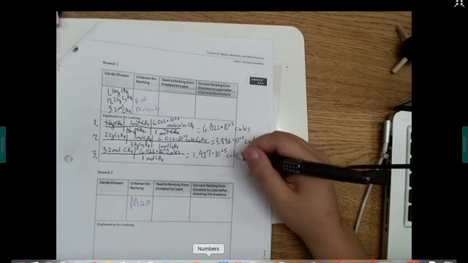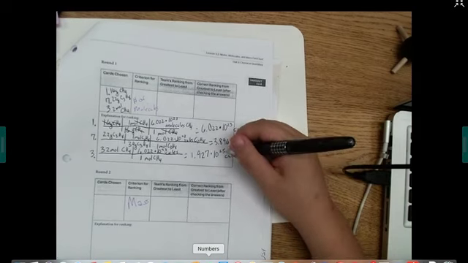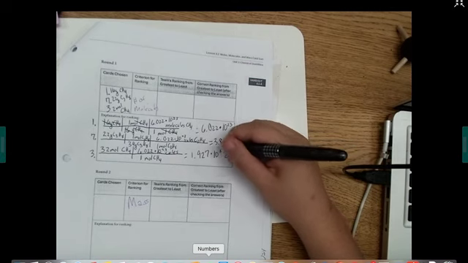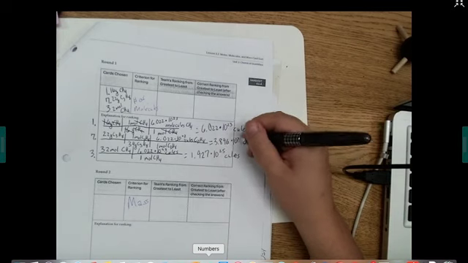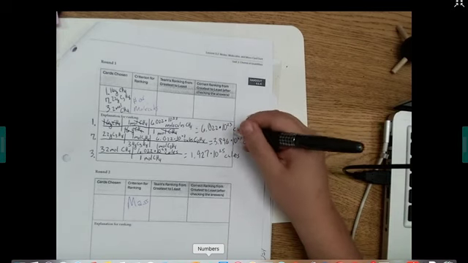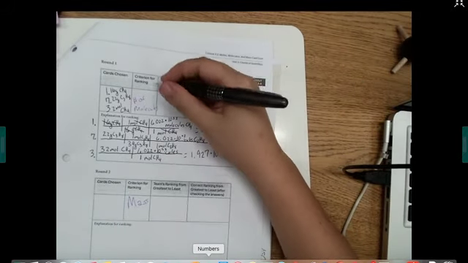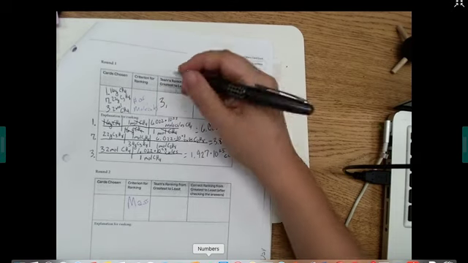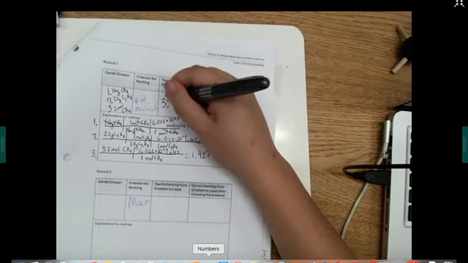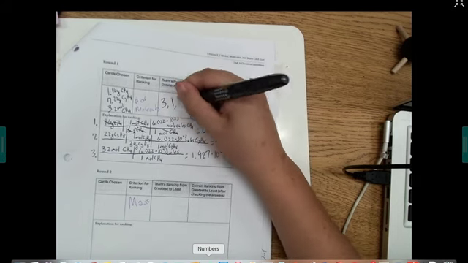Okay, if I were looking superficially, I would say that this is the smallest and this is the largest. However, we need to look at the exponents as well. Because this exponent is 25, I definitely am bigger than these two. So the team's ranking from greatest to least, I'm going to say 3 is first, then 6, then 1, and then 7.